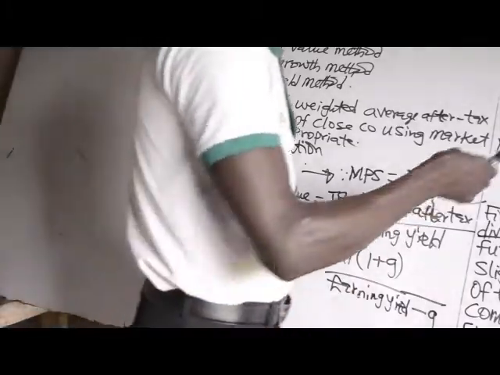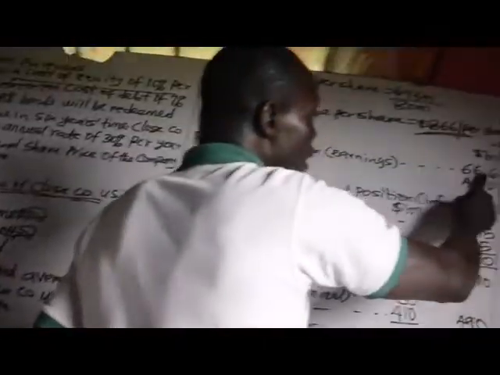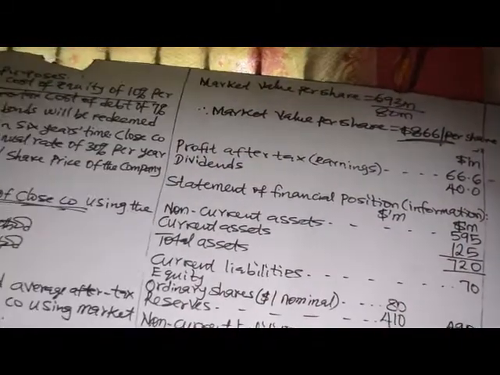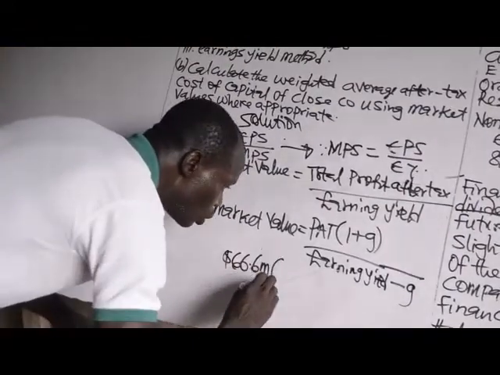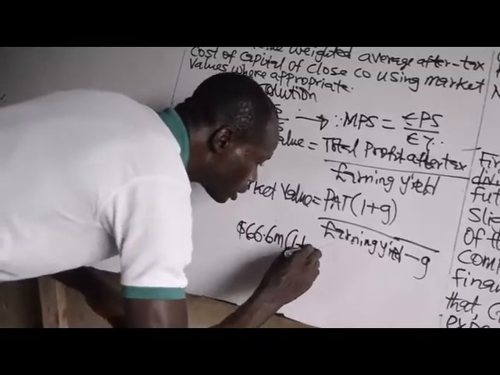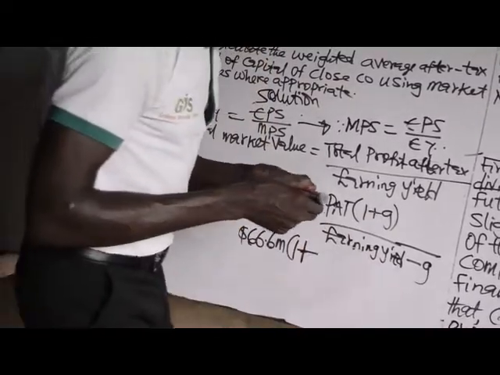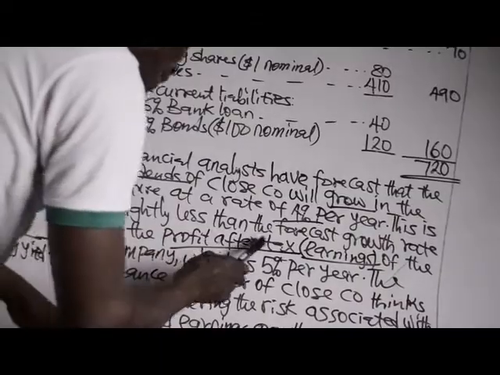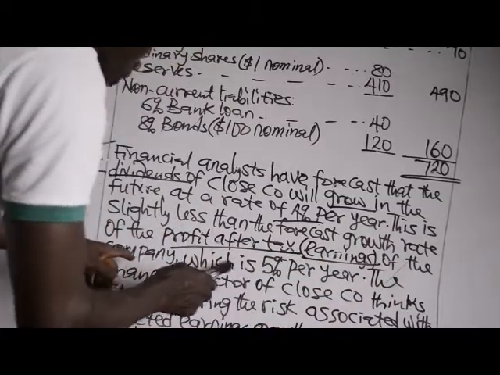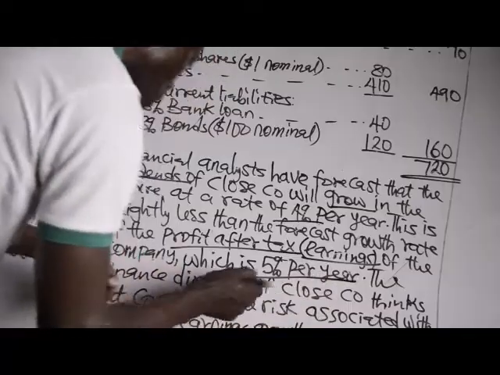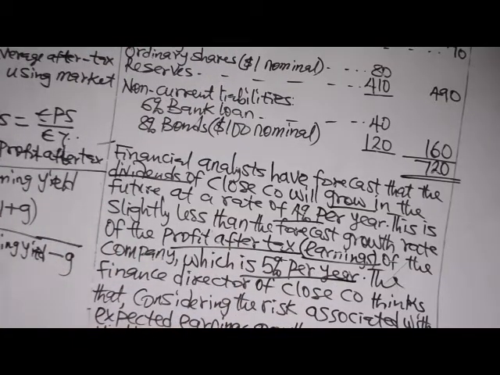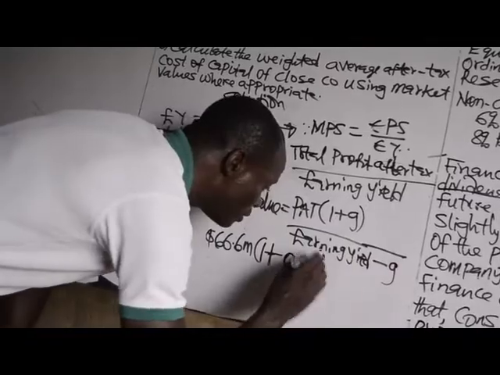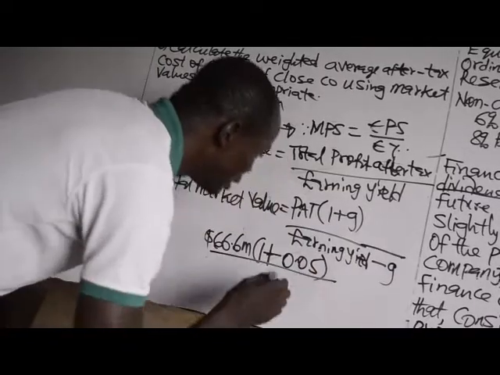Our PAT, profit after tax, is 66.6 million into 1 plus growth rate. The growth rate in earnings, which is slightly less than the forecast growth rate of the profit after tax earnings of the company, is 5% per year. The growth rate in PAT is 5%, which is 0.05, over earning yield.